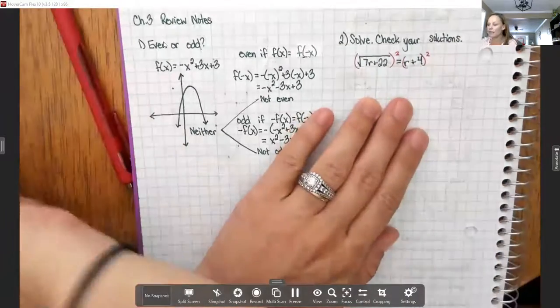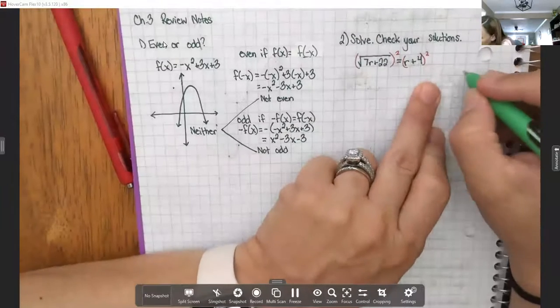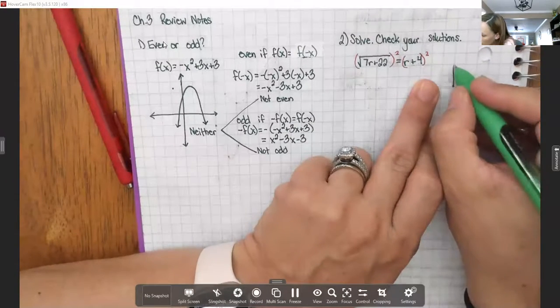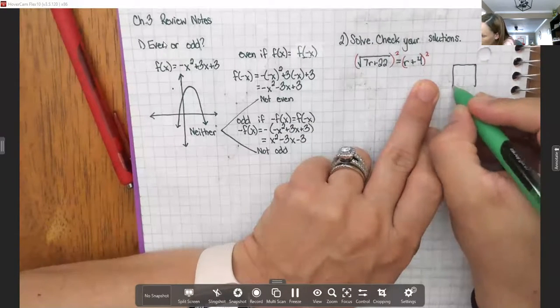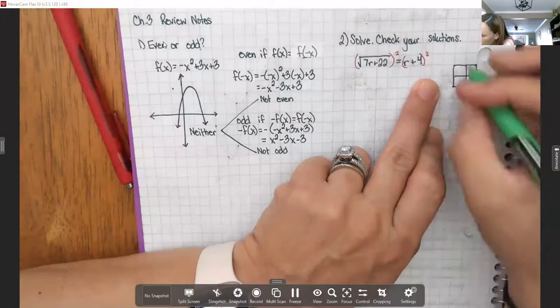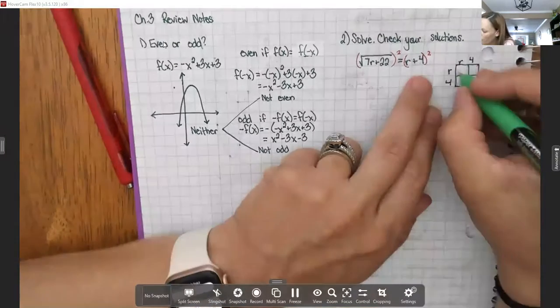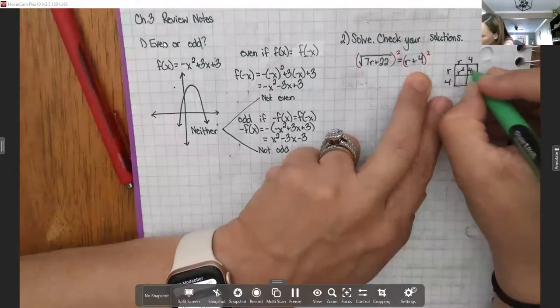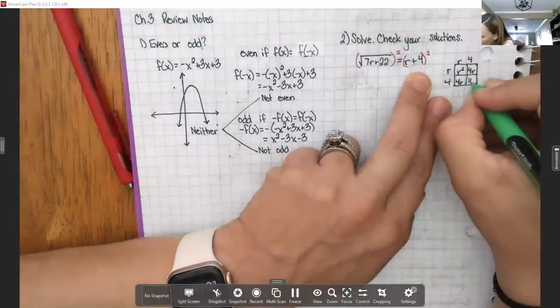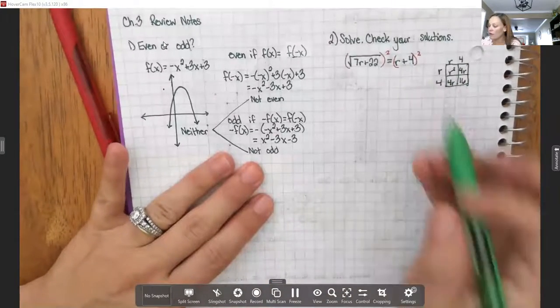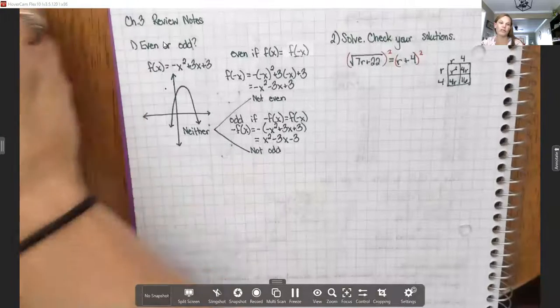So over on this right side, we have to make a box. And on the left side, the squared and square roots are going to cancel out.